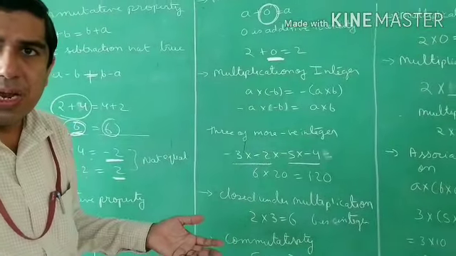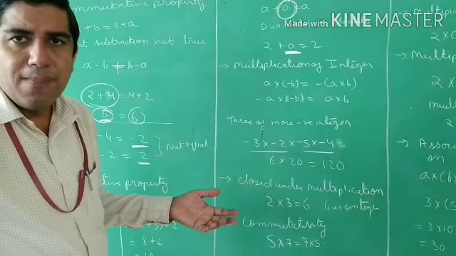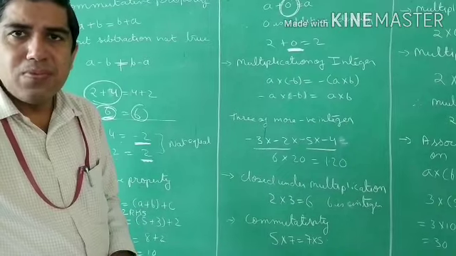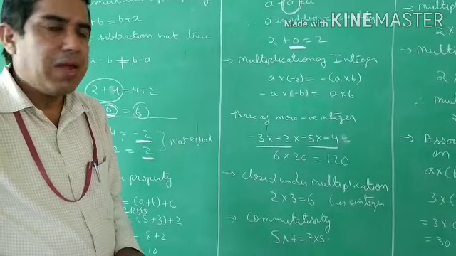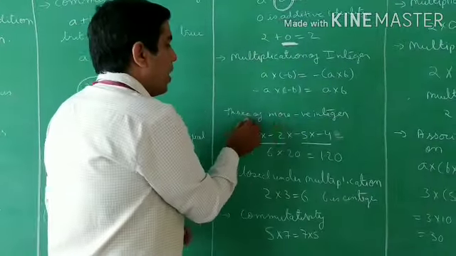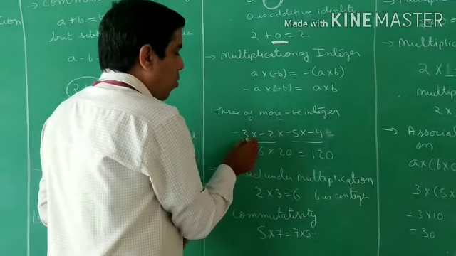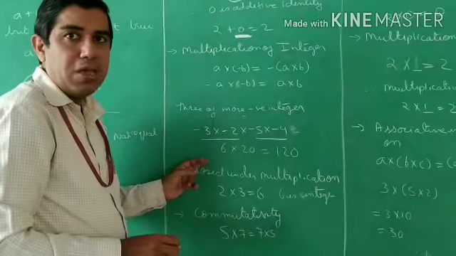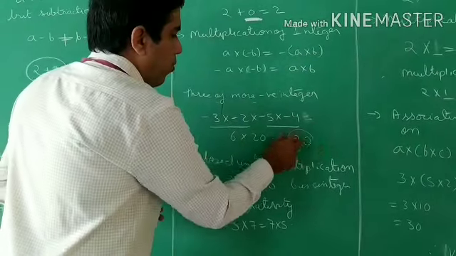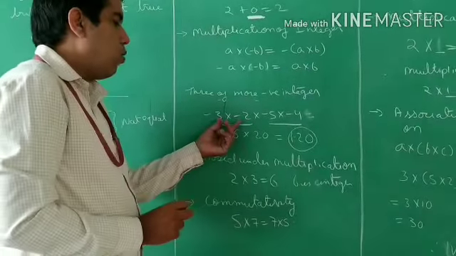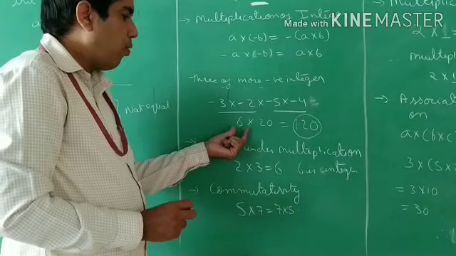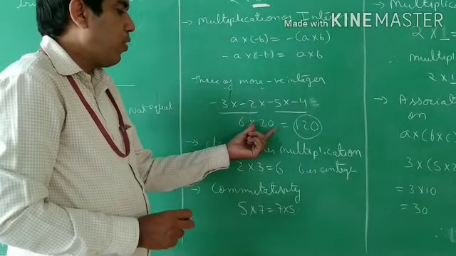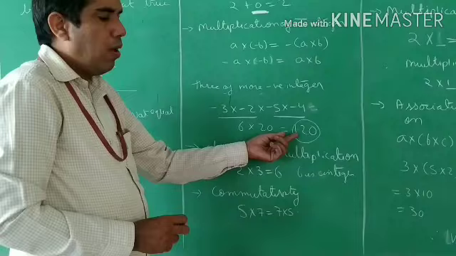If an even number of negative signs is there, the answer is positive. If an odd number of negative signs is there, the answer is negative. With 3 or more negatives, you can count how many there are: 1, 2, 3, 4. 4 is an even number, so the answer will come positive. You can also check: 2 negatives become 1 positive, again 2 negatives become positive, positive into positive is positive.